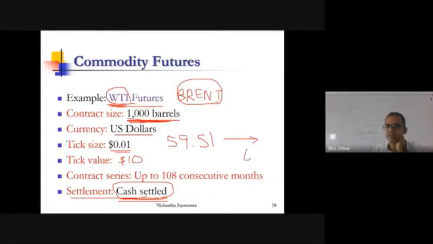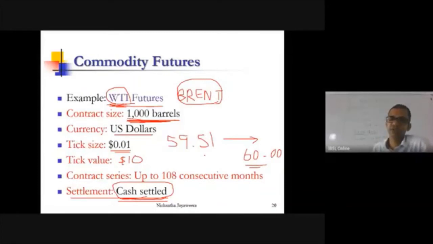So assume the closing price is 60. The last traded price of this futures is 60. Basically, this should be the spot price of that date on the oil. You don't get 1000 barrels of oil and pay $5,951 to get 1,000 barrels.